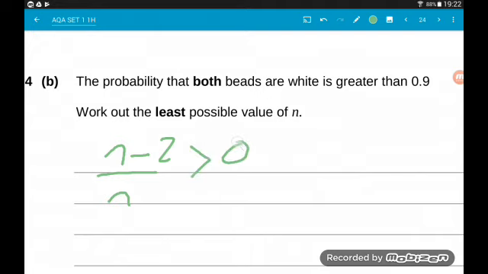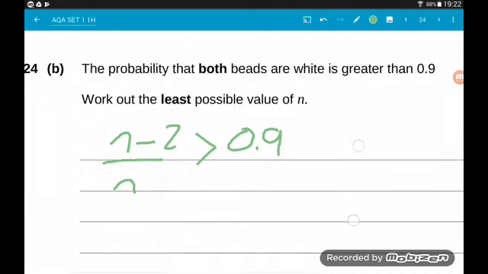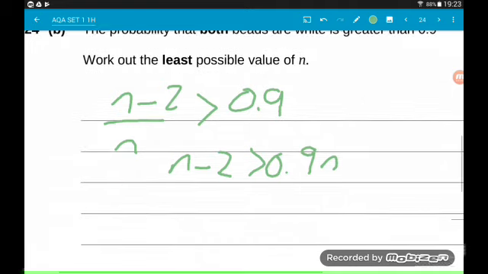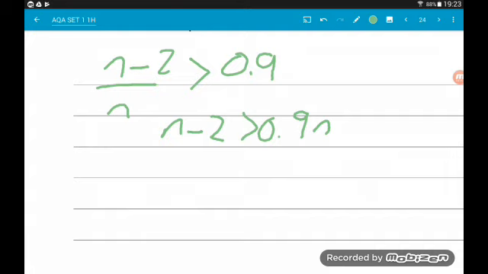So we've got a cheeky little inequality going on here. So we want to get n on its own. First thing we would do here is multiply both sides by n. So we would get n minus 2 is greater than 0.9n.